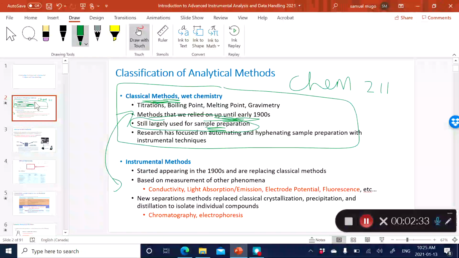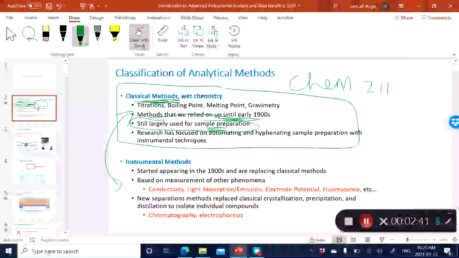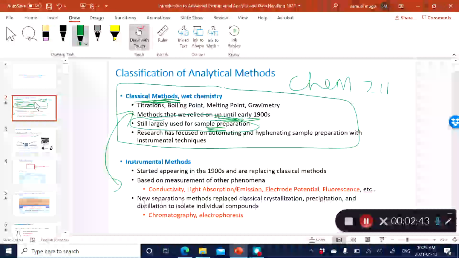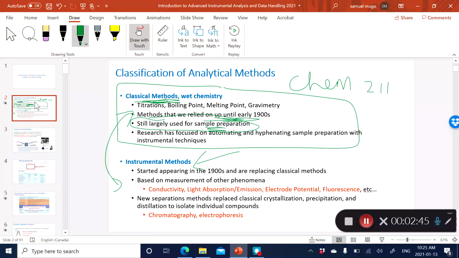You can automate classical methods of analysis, and they somewhat become instrumental methods of analysis. But our focus in this course is going to be different types of instruments that are used for analytical chemistry.